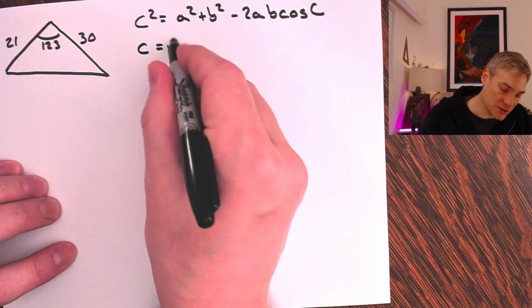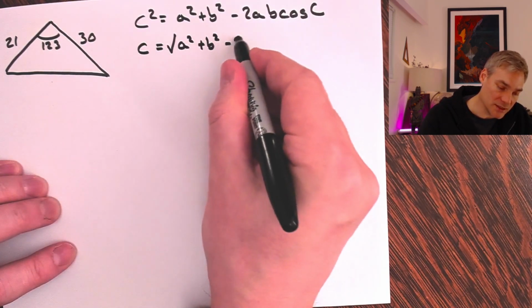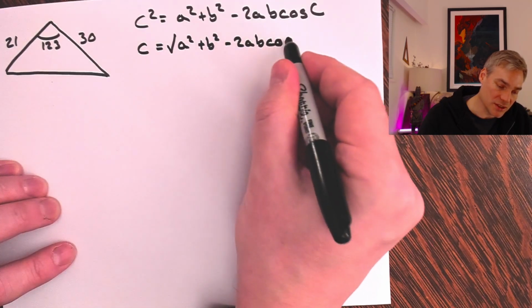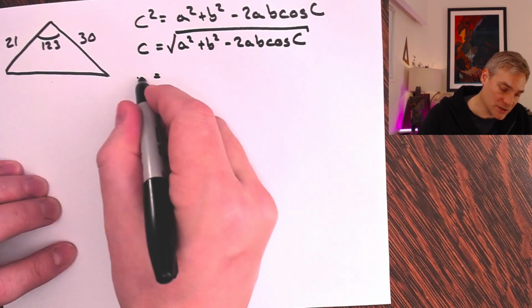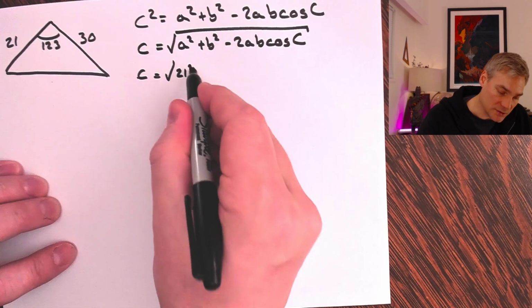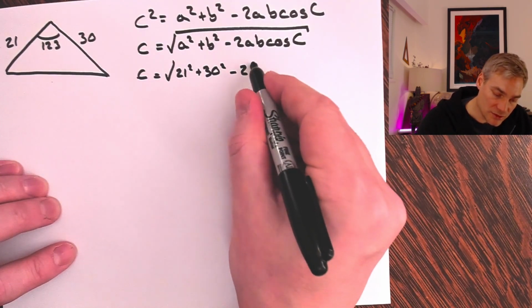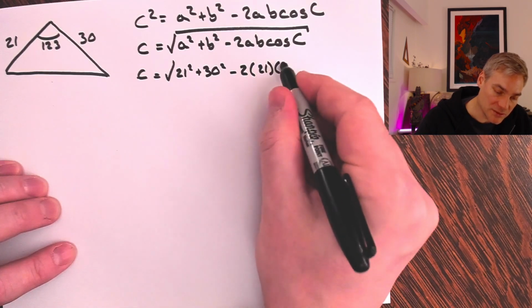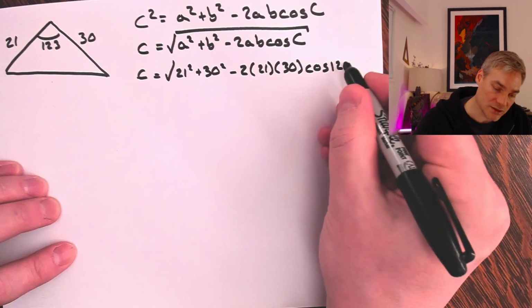So now I have c equals the square root of a squared plus b squared minus 2ab cos of c. If I substitute all these numbers in, that's 21 squared plus 30 squared minus 2 times 21 times 30 times cos of 123.